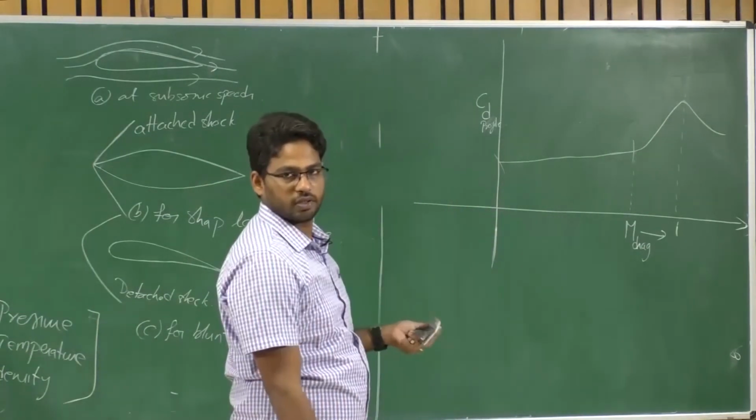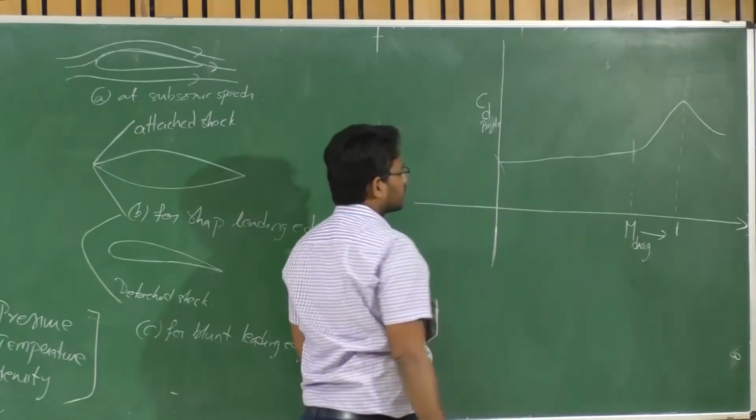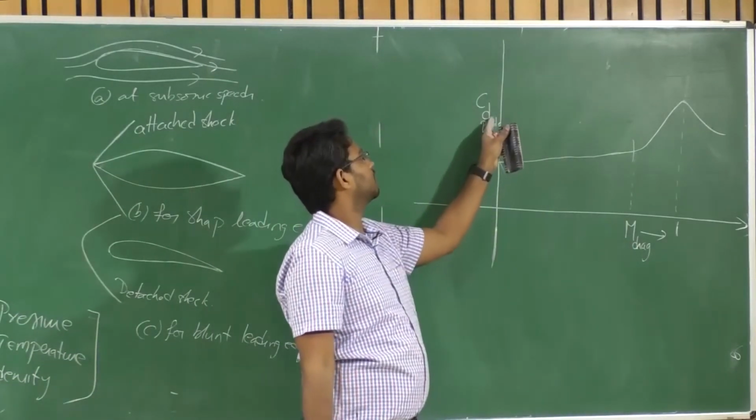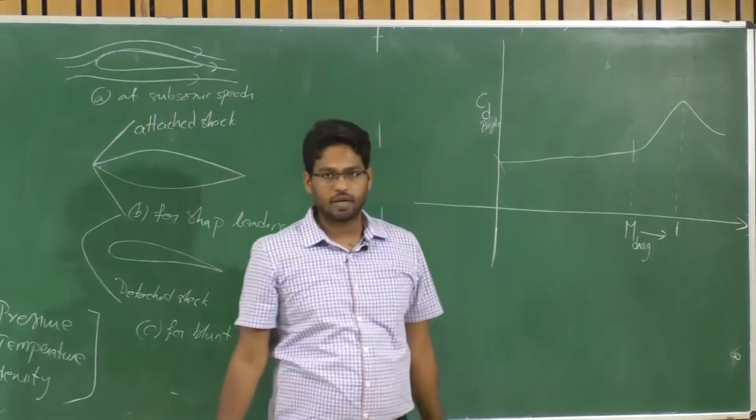With increasing Mach number, until a certain regime, the variation in CD naught, or the profile drag coefficient CD profile, is very insignificant, until the drag divergence Mach number, beyond which there is an abrupt increase in the profile drag coefficient. That Mach number at which there is an abrupt increase in this profile drag coefficient is called the drag divergence Mach number.